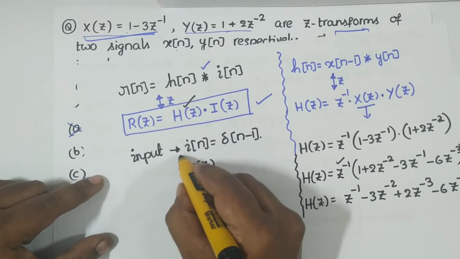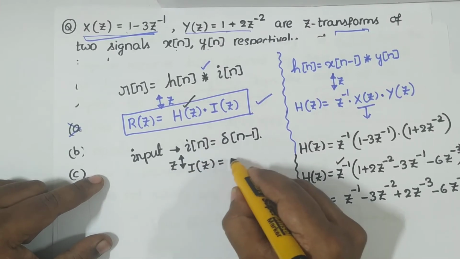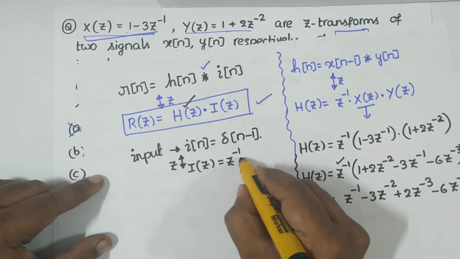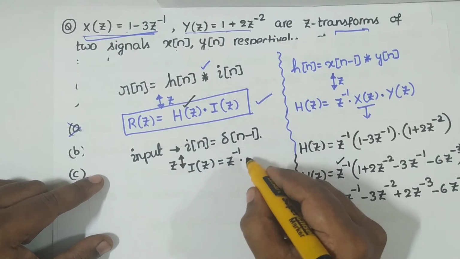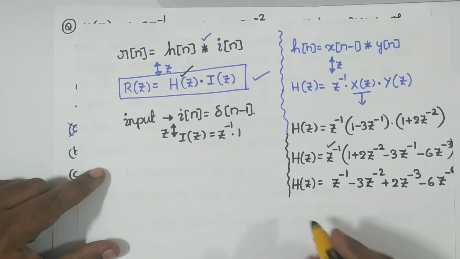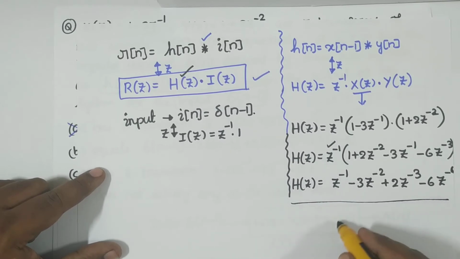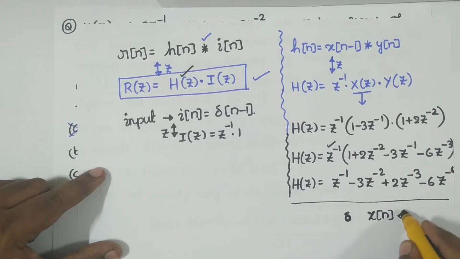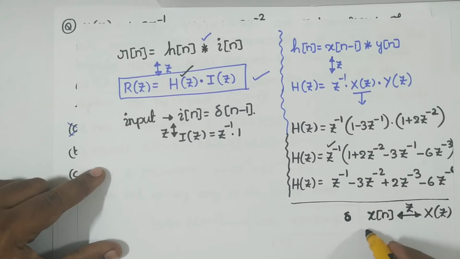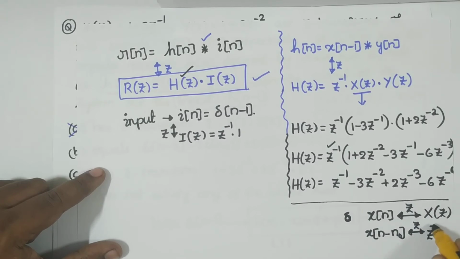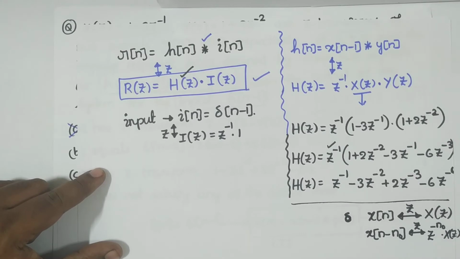If I take its z transform, so I of z equals z power minus 1 multiplied by delta of z, so it is 1. Because we know very well, if x of n has z transform x of z, then x of n minus n naught has z transform z power minus n naught multiplied by x of z.